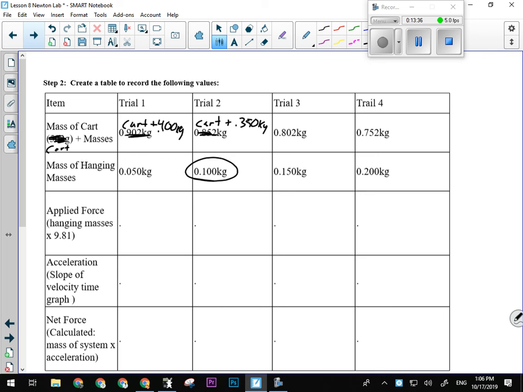Each time we do this, we're taking 50 grams off the cart and moving it over the pulley. We're going to do 4 trials. Each time we move 50 grams off the cart and over the pulley. Everybody clear on that?